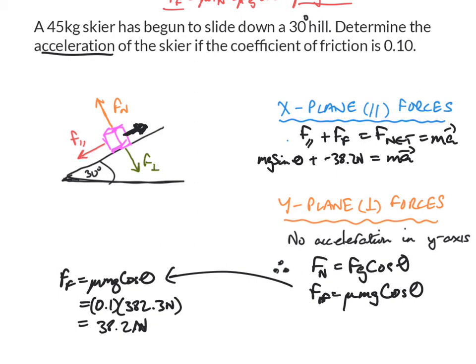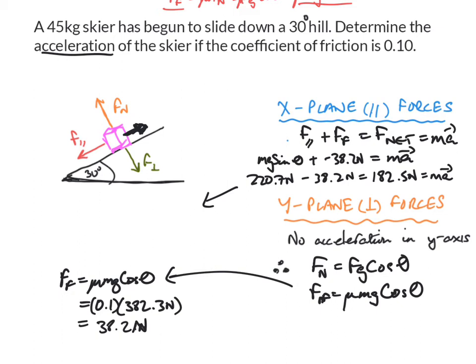It turns out that mg sine theta is 220.7 minus 38.2, and that's equal to 182.5. So you now know what the net force is, and that's equal to mass times acceleration.